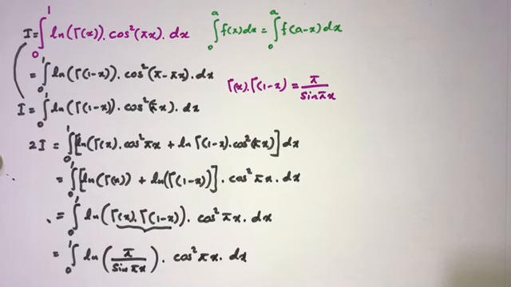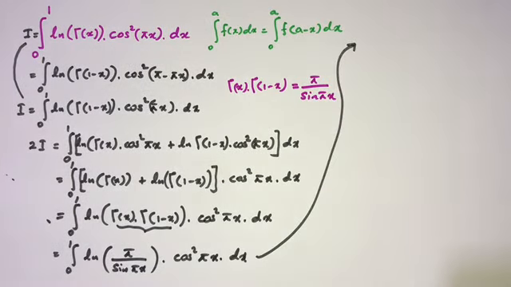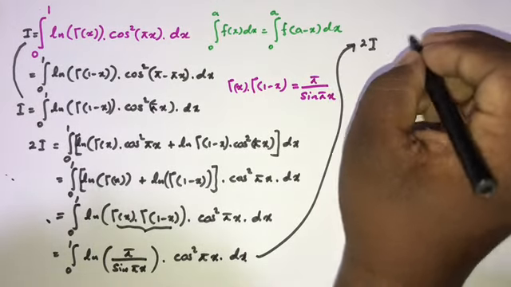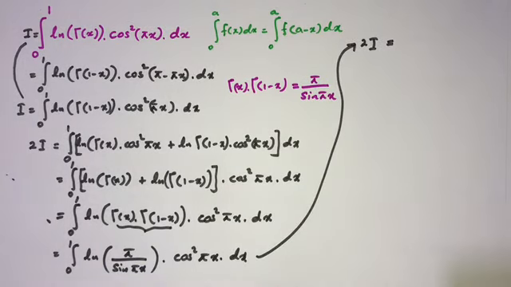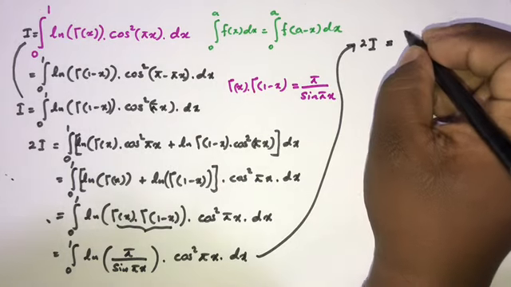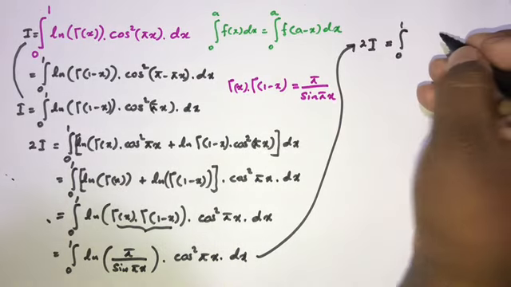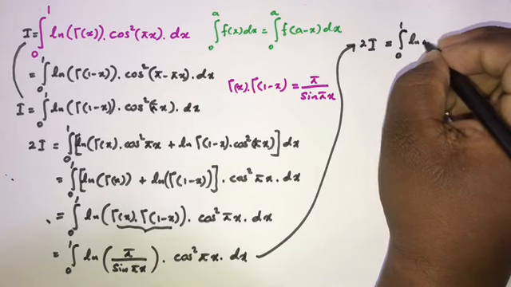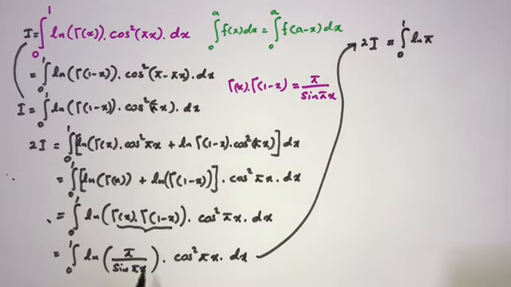Okay, then 2 times I is equal to, again according to the property of natural log, this division we can write with a minus sign. So we can write the integral from 0 to 1 of natural log of pi minus natural log of sine pi x, and we need to multiply by cosine square of pi x.